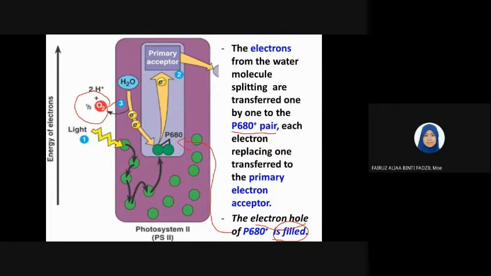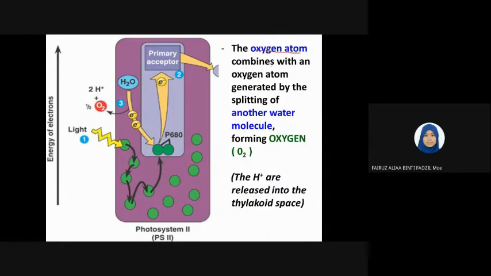That means to produce one oxygen molecule, we need twice the photolysis of water, because one photolysis of water will produce one oxygen atom. So the oxygen atom will combine with another oxygen atom generated by the splitting of another water molecule. Only then can we get one oxygen molecule.